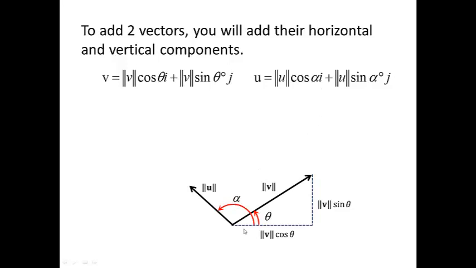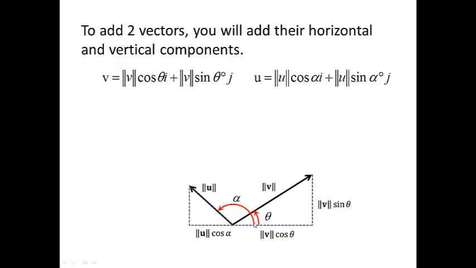Okay. And so this will be the magnitude of v times the cosine and the magnitude of v times the sine. For this one over here, vector u, we have the magnitude of u times the cosine of alpha.